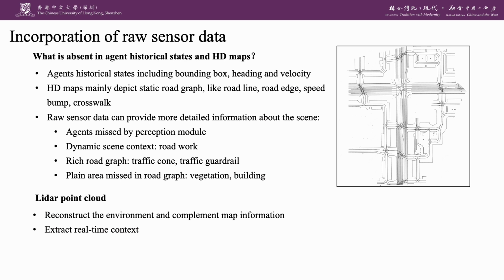In the original motion prediction pipeline, we mainly focus on abstract representation of the scene, including bounding box, heading, velocity of agents, as well as HD maps, which depict the static road graph. However, raw sensor data can provide more detailed information about the scene, such as agents missed by the perception module, dynamic scene context like road work, and a richer road graph like traffic cones and traffic guardrails, and so on.